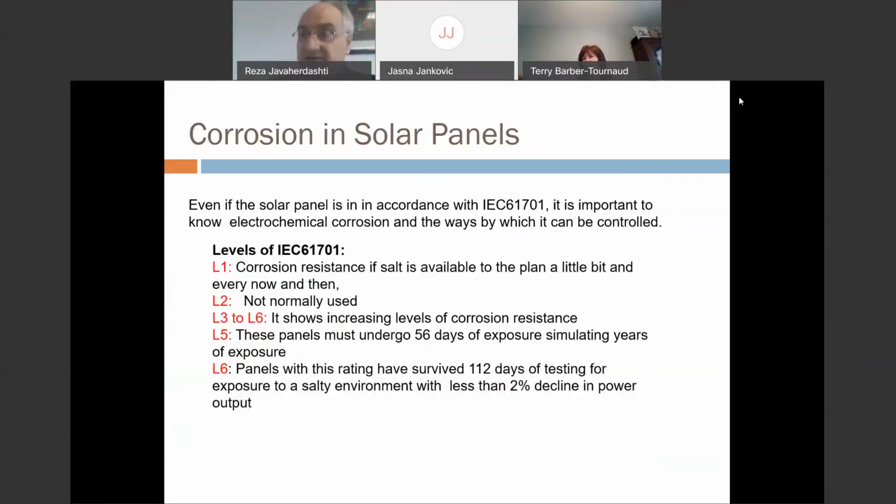There are levels of standards that currently are used to address corrosion. These are in association with the IEC 61701 standard, and they are basically classified into 6 levels. As you see, level 1 says corrosion resistance if salt is available to the solar panel, a little bit.